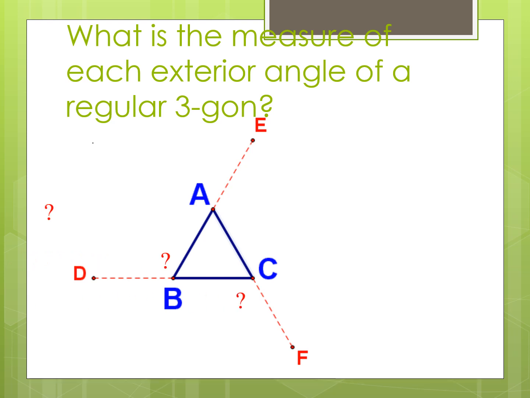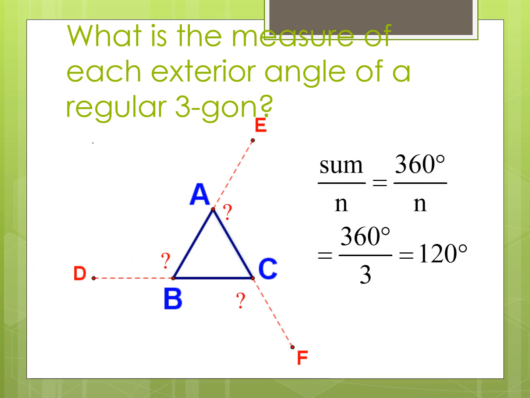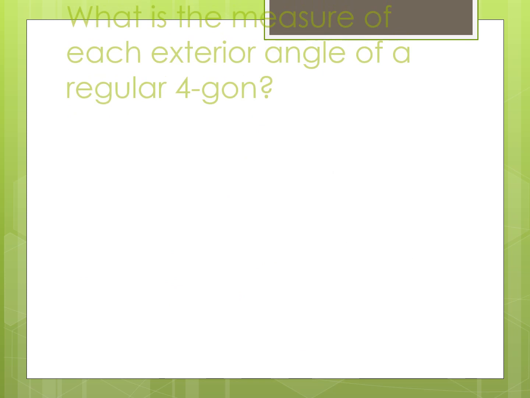What is the measure of the exterior angle of a regular three-sided polygon? We have 360 divided by n, and that is 120 because the number of sides is 3. So 360 divided by 3 is 120.